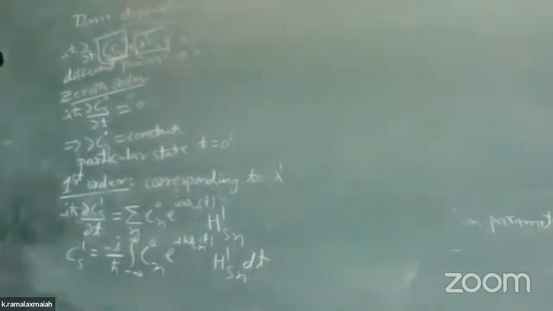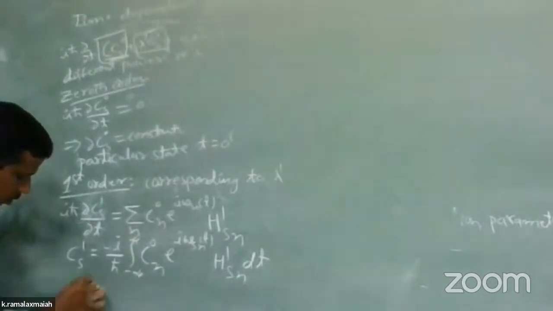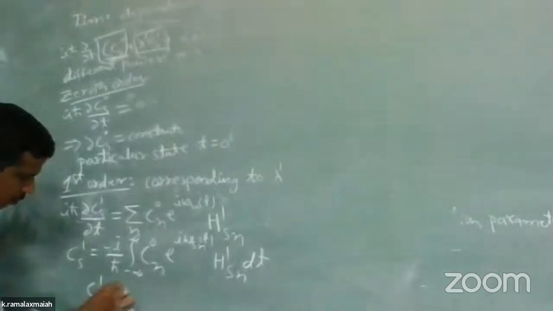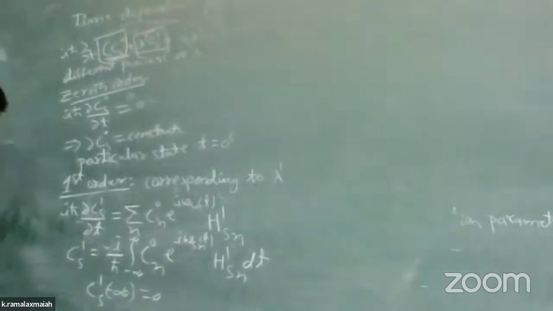In the order 0, C_s' is 0. The C_s at minus infinity to infinity is equal to 0.